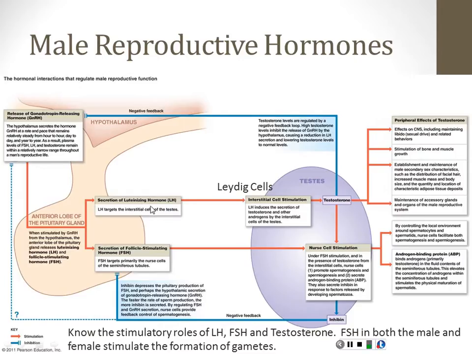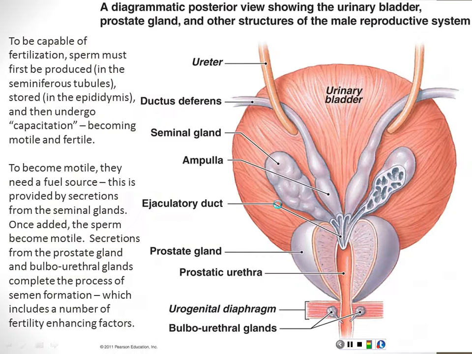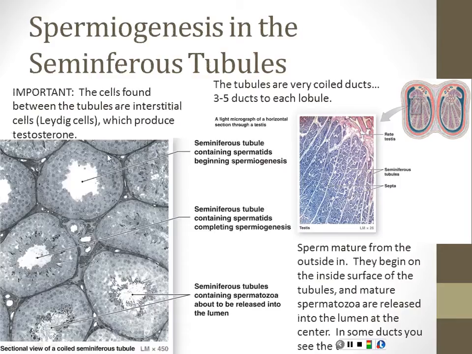But luteinizing hormone stimulates the interstitial cells of the testis. The interstitial cells, which I neglected to mention. Okay, seminiferous tubules, right, where sperm are produced. In between them, these cells in these regions, we call interstitial cells because they're between.